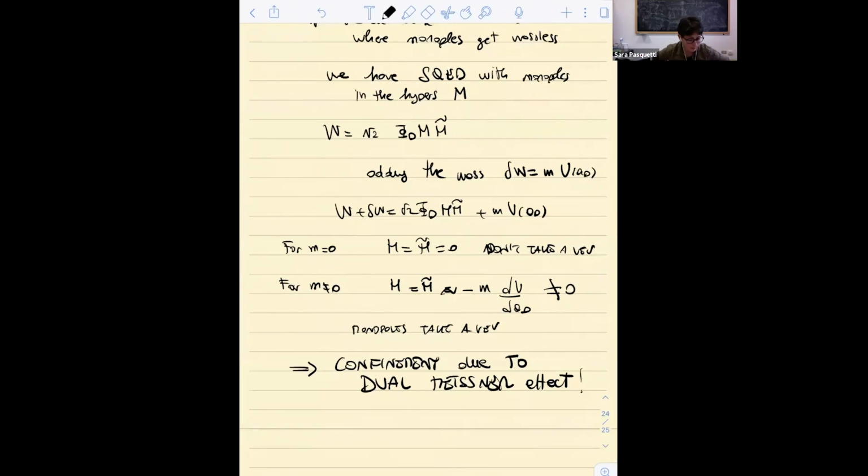I'm actually going over time, but in a word, you can say that the original Meissner effect is the mechanism that explains why in a superconductor, below the critical temperature, you don't find a magnetic field inside.